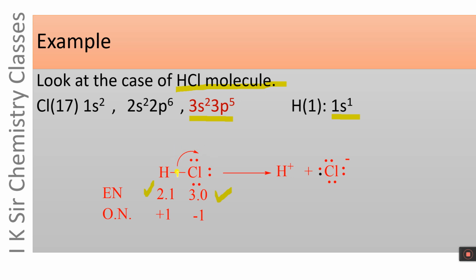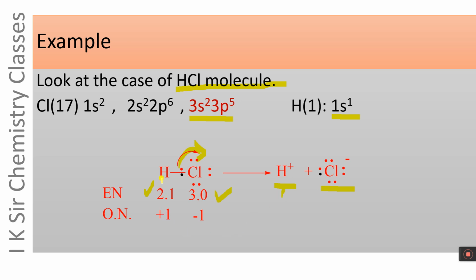The HCl bond is broken in such a way that both the electrons of the bond pair are transferred to chlorine atom. As a result, hydrogen atom acquires positive charge and chlorine atom acquires negative charge, and the charge developed after the dissociation of bond is called its oxidation number.